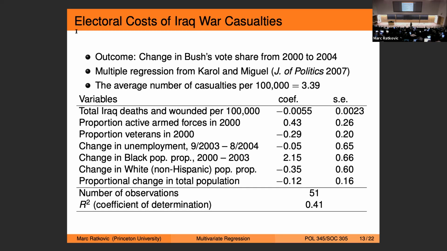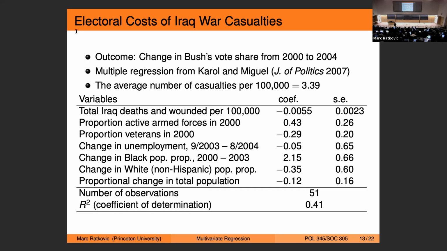Well, what's two standard errors in this case? 0.0046, the coefficient is larger than that in magnitude. So in fact, the author found a statistically significant effect. He found that, other things equal, the total Iraq deaths and wounded per 100,000 predicted lower support for George W. Bush in 2004 relative to 2000.